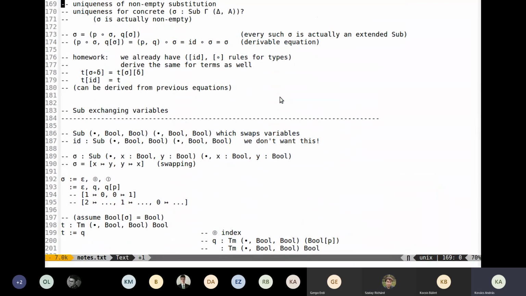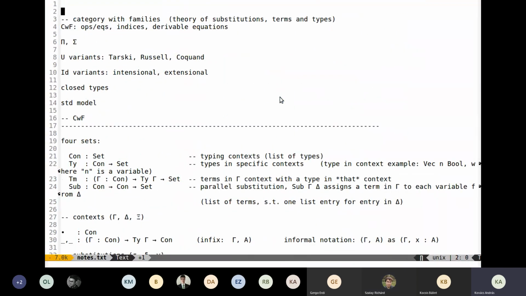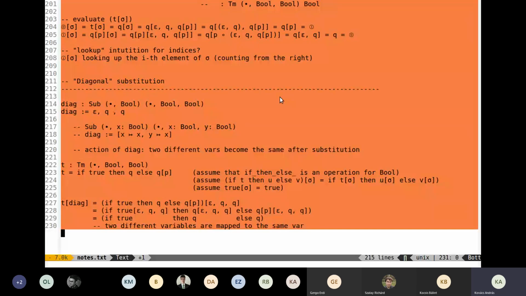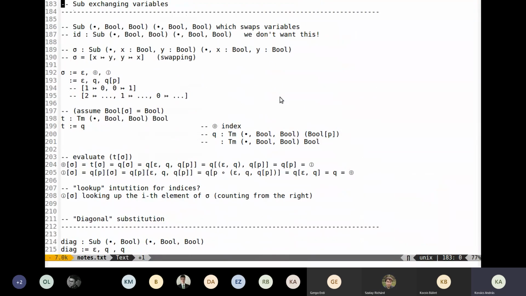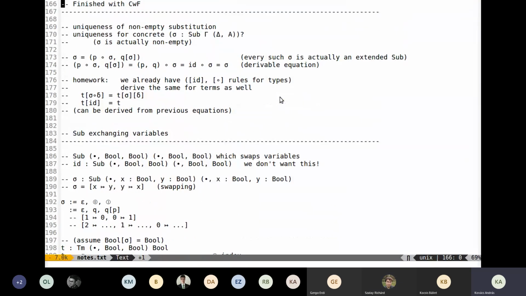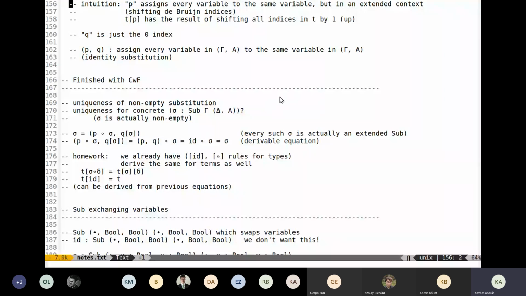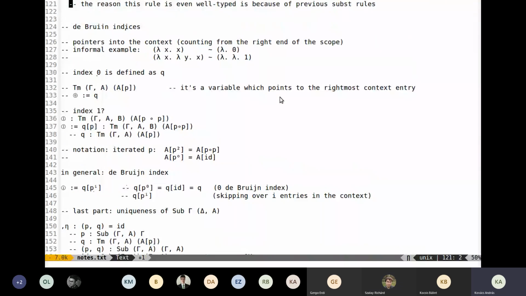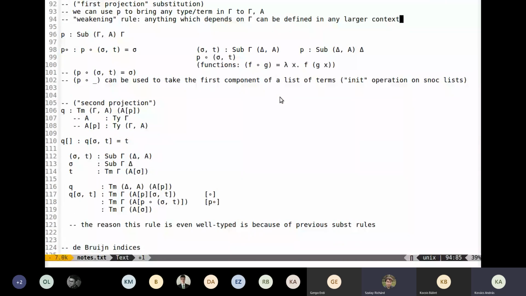So Q and P. Everything which we specified here is just what a CWF is, and then we can give particular models of CWF, and in a particular model of CWF we have to define P and Q. So in any model, I have to give a definition. First I have to define what sub is.